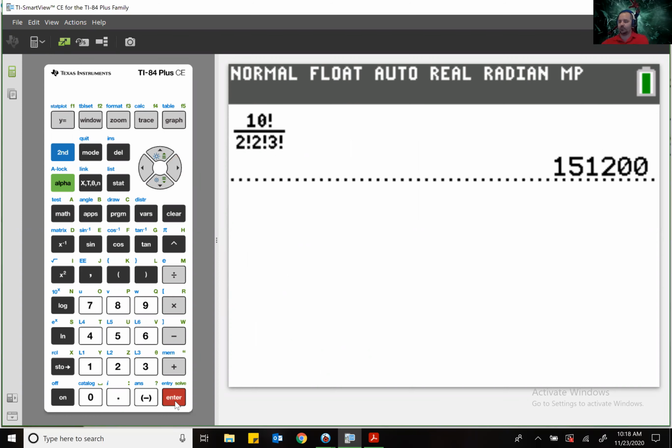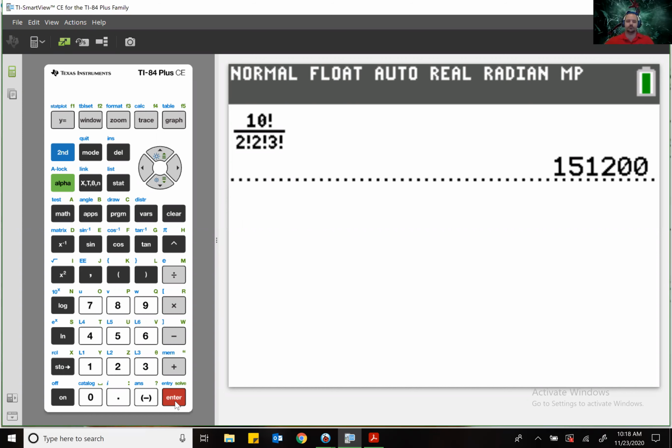And that's how many different ways we can have distinct arrangements of the word connection. 151,200 distinct word arrangements. Let that calculator do all the hard work for us.